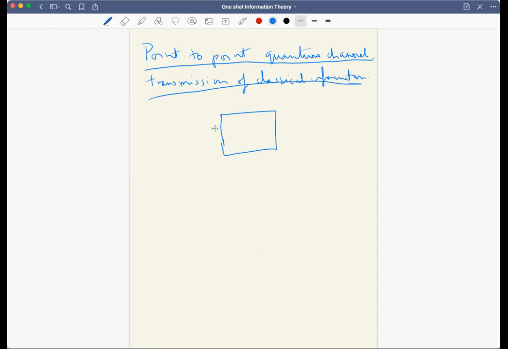At the input, I'll call the input Hilbert space A. These are qubits in the input Hilbert space A. Some physical process goes on, and the output Hilbert space is B. This channel is often denoted by the calligraphic N. It's a channel from A to B.